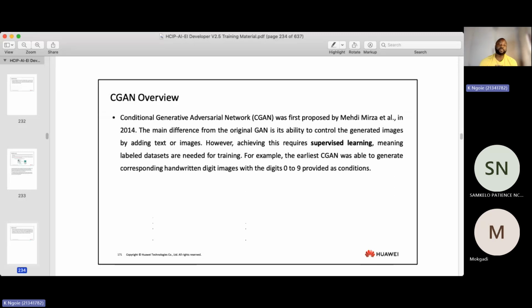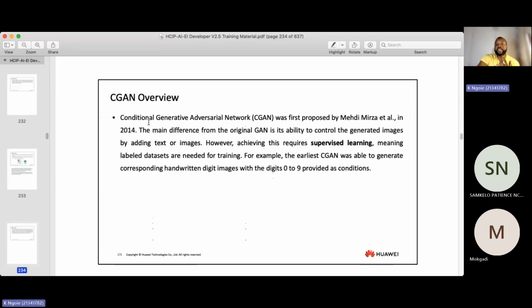In a regular GAN, the generator produces random output from random noise, right? With no control over what is generated. In this case, we are trying to control the type of data that needs to be generated.